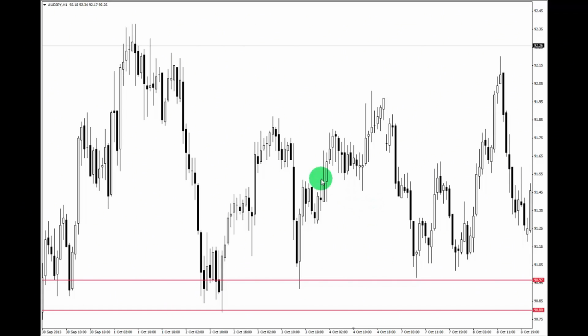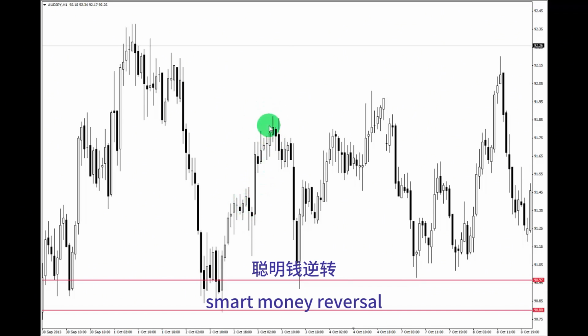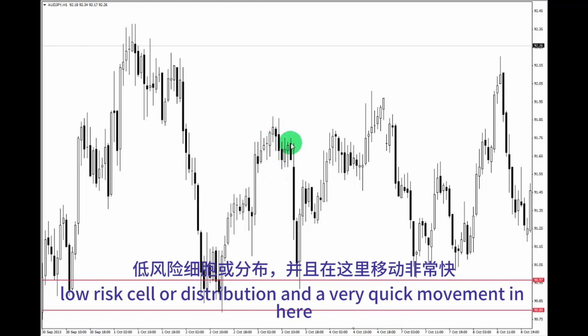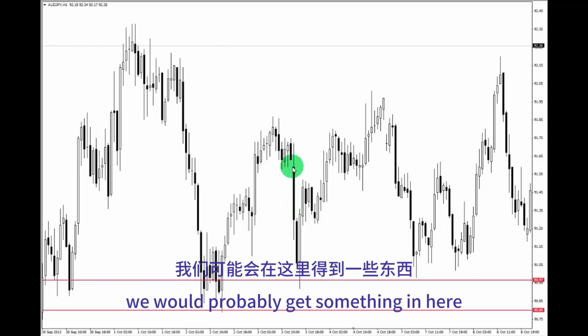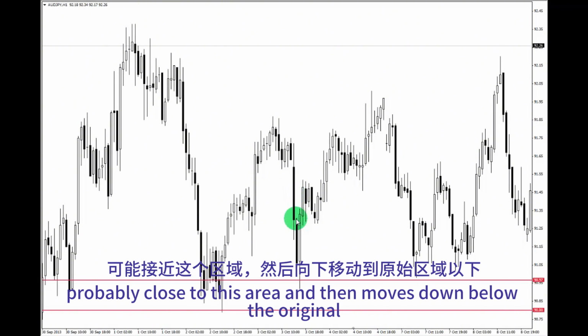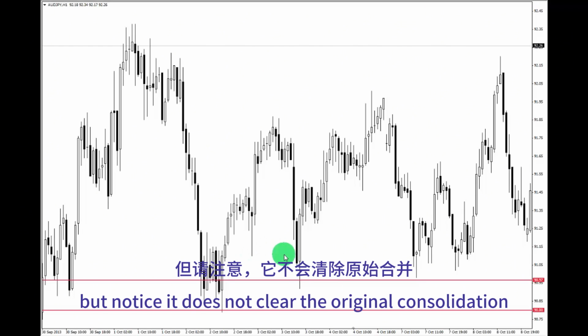We have one here: the accumulation, the run to resistance, reaccumulation, smart money reversal, low risk sell or distribution, and very quick movement in here. If we went down to a lower time frame, we would probably get something in here, probably close to this area, and then it moves down below the original point of reaccumulation. But notice it does not clear the original consolidation.